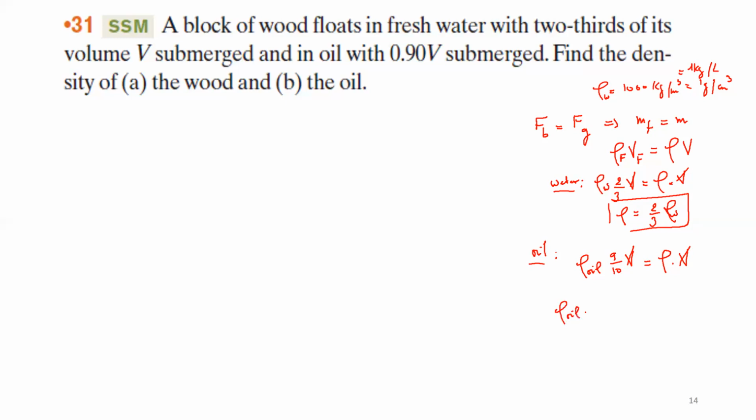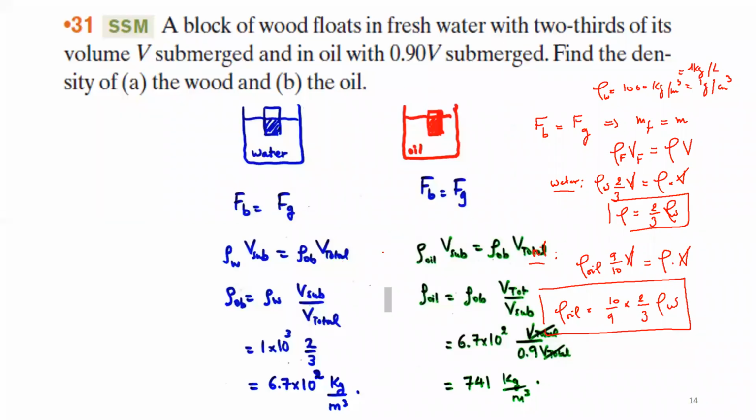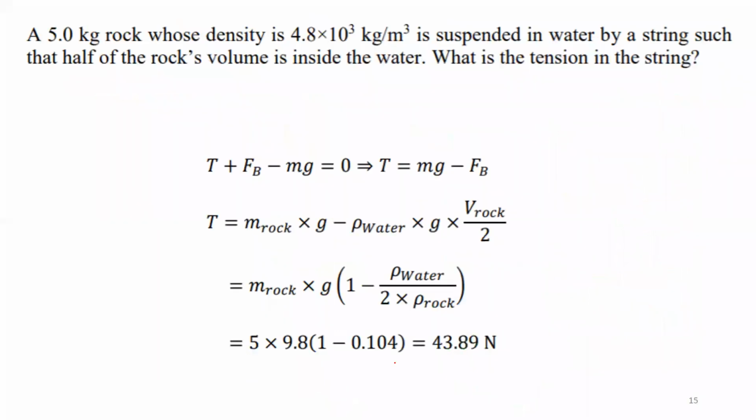So rho oil will be just 10 divided by 9 multiplied by the rho of my object, which is 2 divided by 3, multiplied by rho of water. And you get the rho of oil. So this is what we get for the rho of oil, of course, and this is what we get for the rho of wood. Let's go to the next problem.